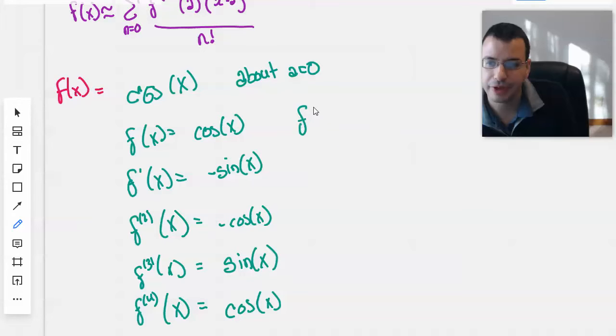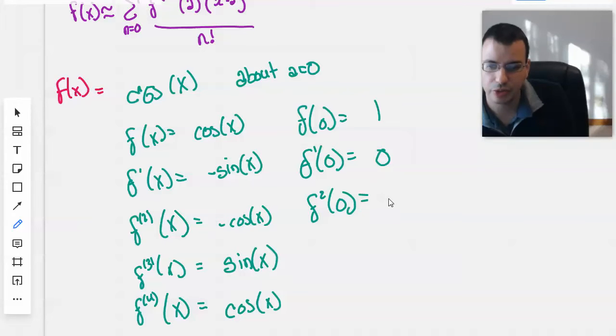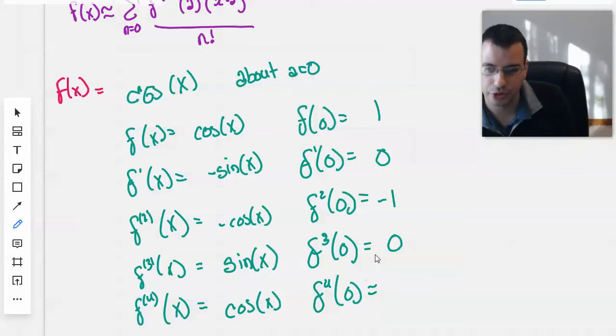So f of 0 equals 1, f prime of 0 equals 0, f second prime of 0 equals -1, f third derivative of 0 equals 0, f fourth derivative of 0 equals 1. Okay?